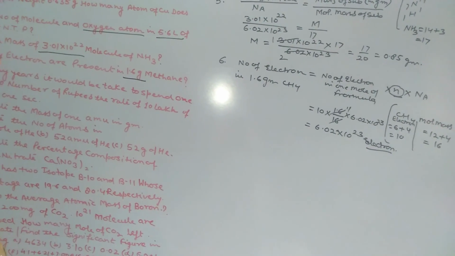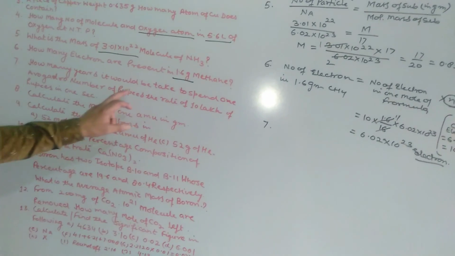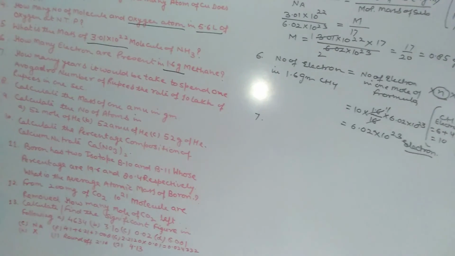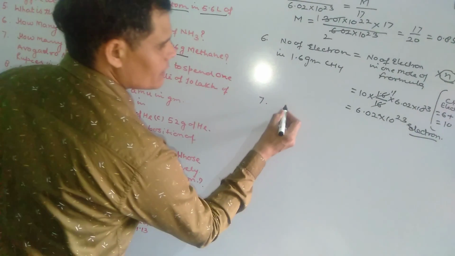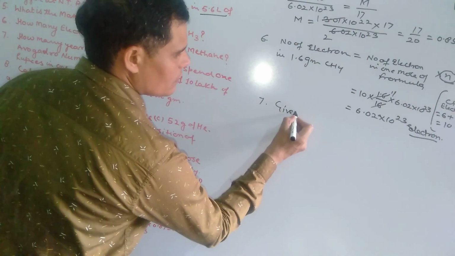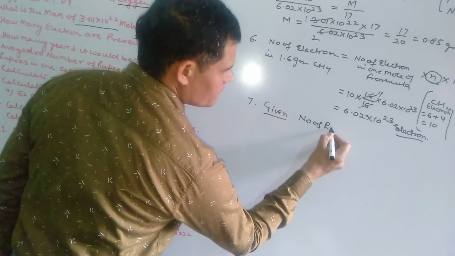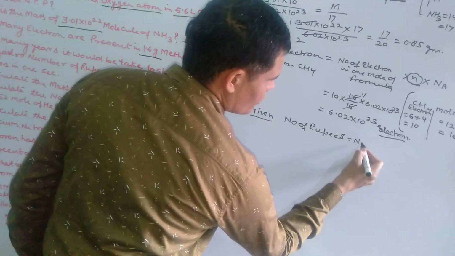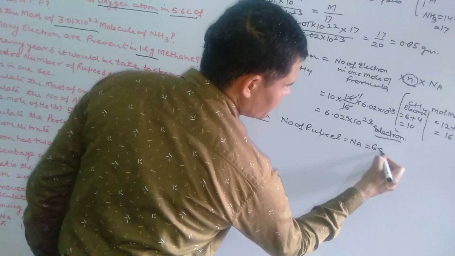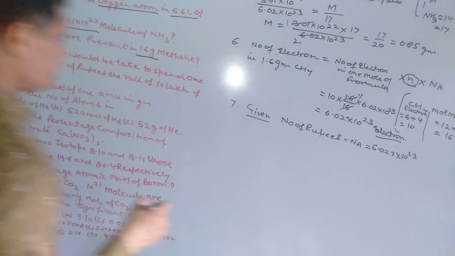Next one is question 7. How many years would it take to spend 1 Avogadro number of rupees? Given is number of rupees are Avogadro number, means 6.023 into 10 to the power 23.